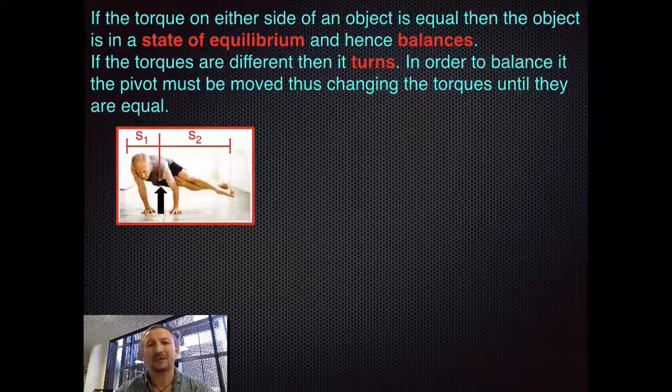So as a result, S2 times F is going to be exactly the same turning force as the force times S1. So both forces are acting in the same direction. His hands will take all of that weight acting down, and as a result, he will be stable.